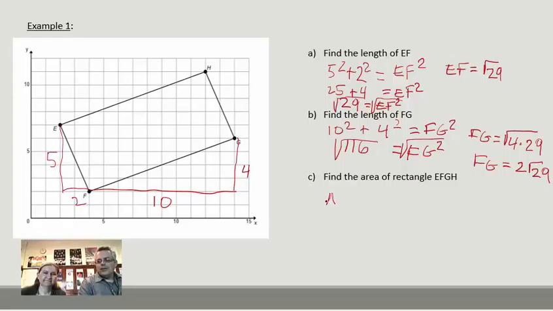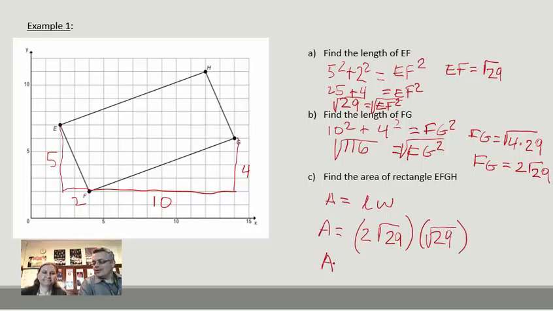That's actually the new part. We did distance before, Pythagorean theorem before, so now we can use those distances. It's going to be 2 times the square root of 29 times the square root of 29. This is actually going to work out nice, even though it's complicated for square root lengths.